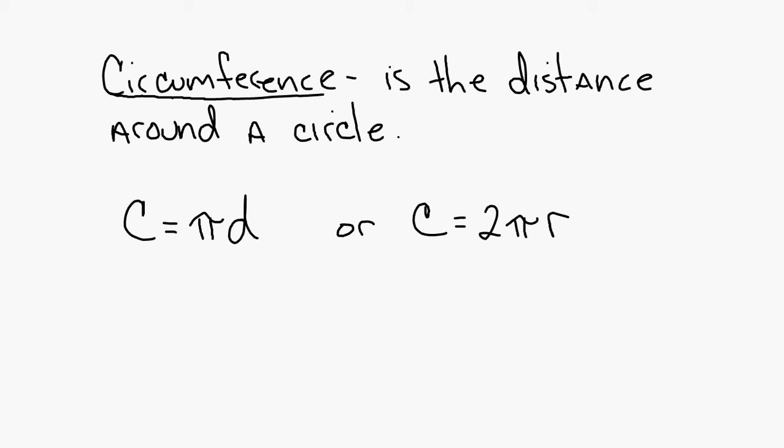Okay? So really these are the same formula. If circumference equals pi times diameter, and the diameter equals 2 times the radius, then these formulas are the same as each other. But if you're given the radius of a circle, you can use the formula on the right. If you're given the diameter of a circle, you can use the formula on the left.